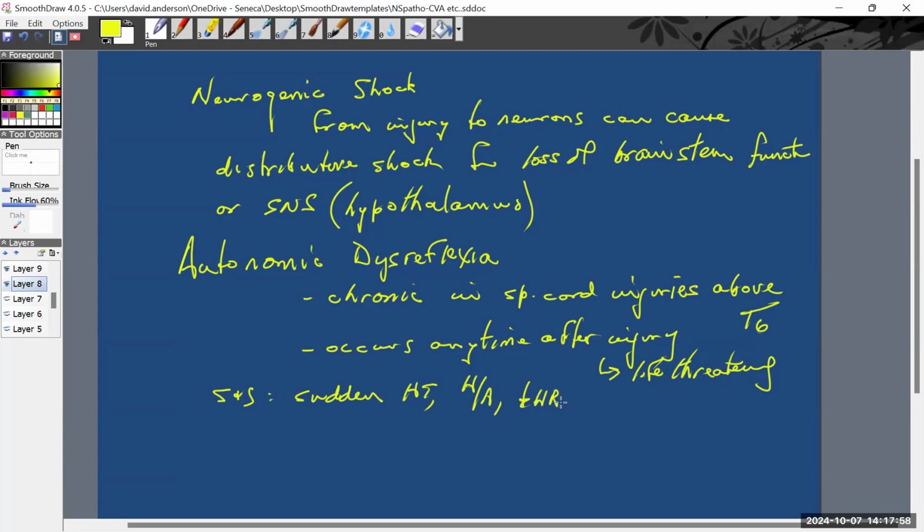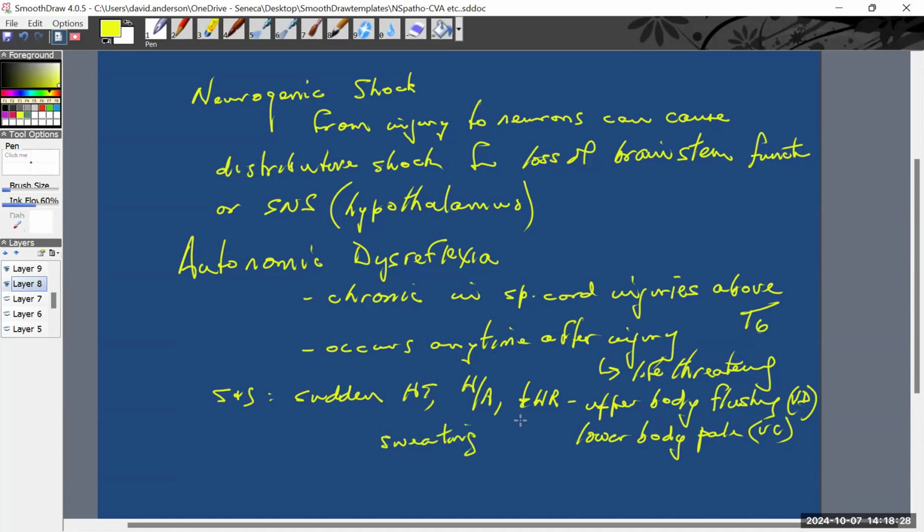This is where it starts to fall apart in terms of what you would expect. And upper body flushing. So in other words, that's vasodilation, but lower body is pale, vasoconstriction, and sweating. Okay, so this is autonomic dysreflexia.